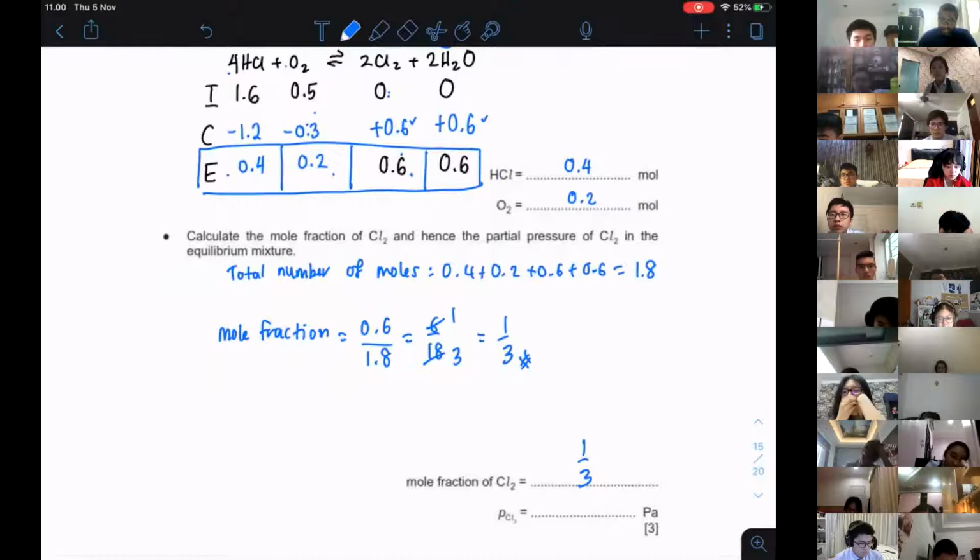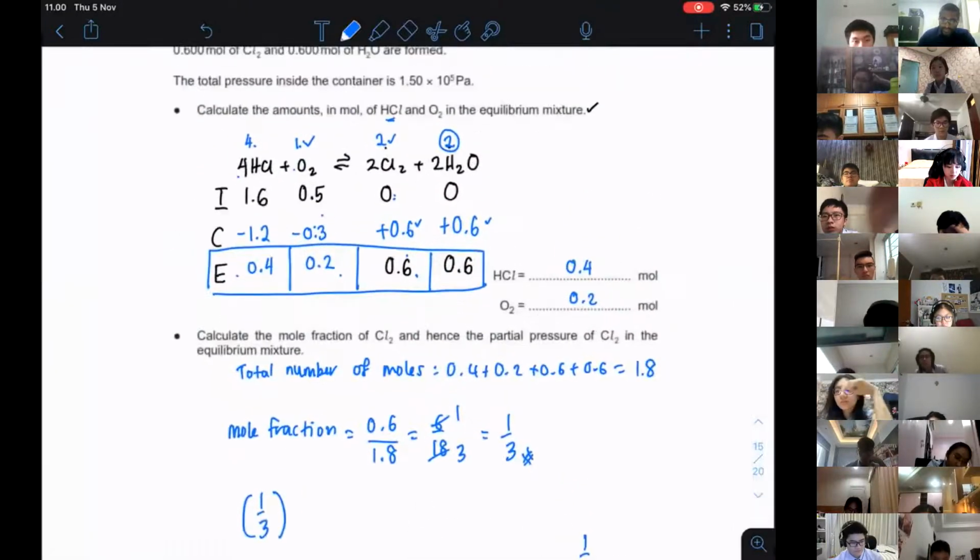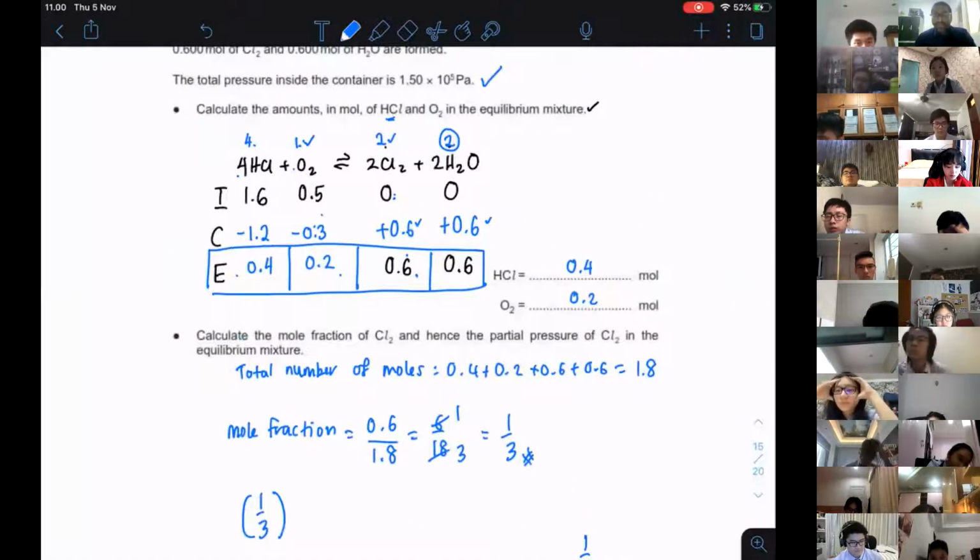Hence, the partial pressure of Cl2. Partial pressure is 1/3, the mole fraction, times the total pressure. So what is the total pressure? They have given you the total pressure: 1.5 times 10 to the power of 5.